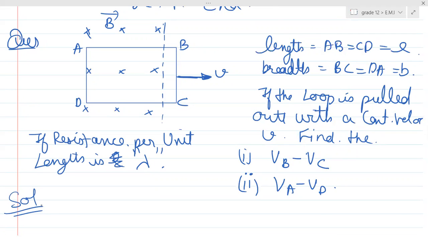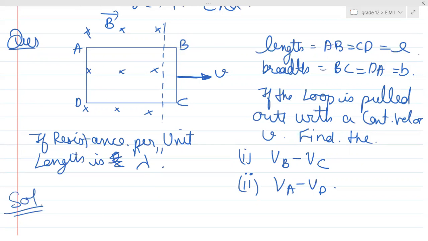Okay, first of all, tell me in which branch will there be an EMF induced? Will there be any EMF induced in BC? No, BC will not be having any EMF induced.